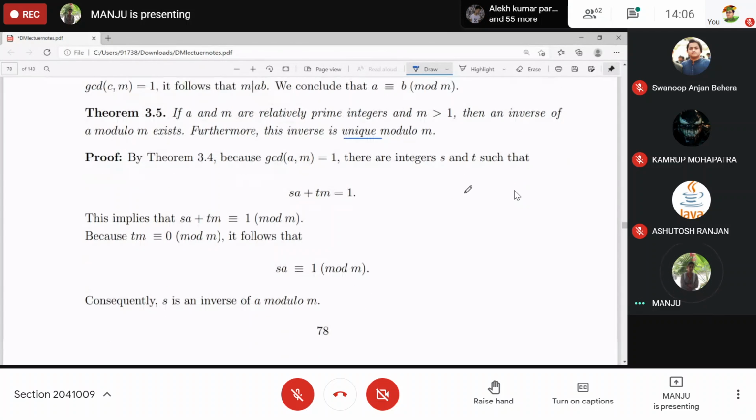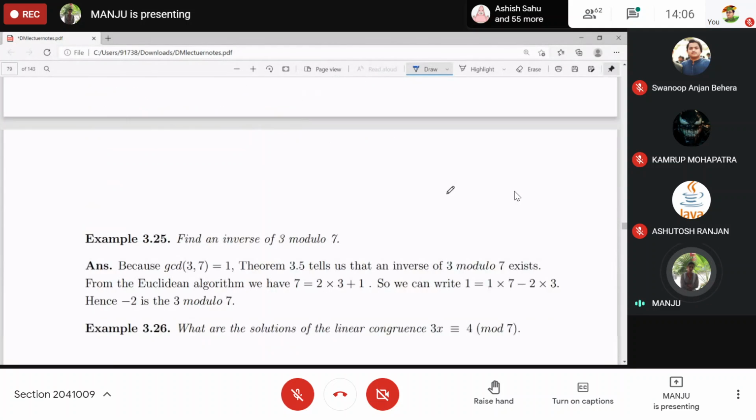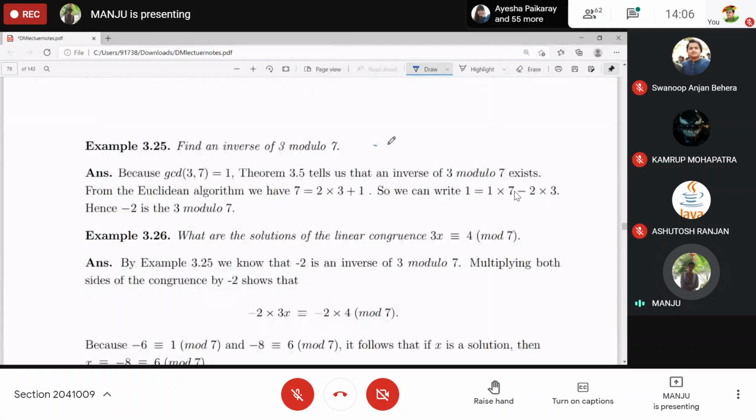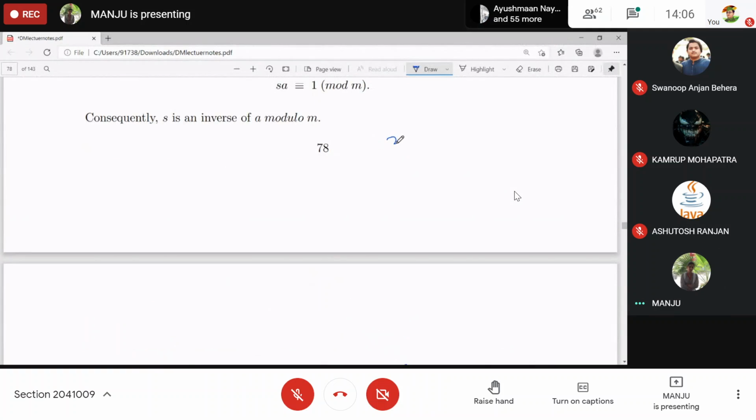Clear? So just check whether A and M have GCD 1 or not. If yes, you will always be able to find the inverse. Then, how to define the inverse: A is an integer, just that it has GCD with M as 1.